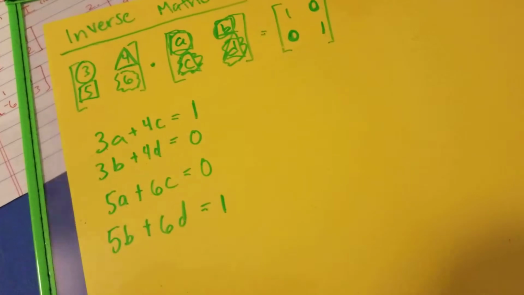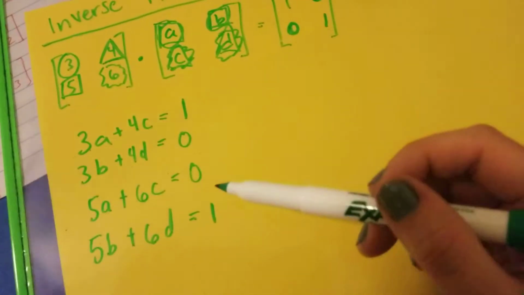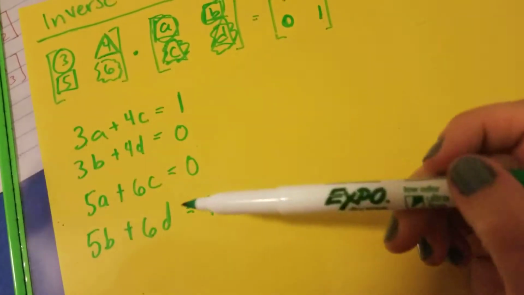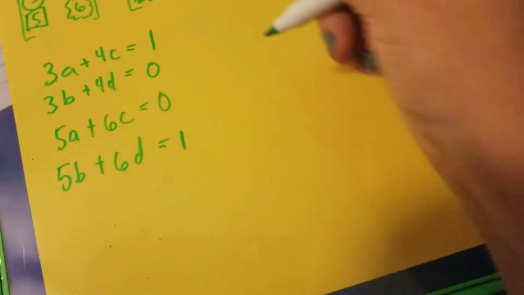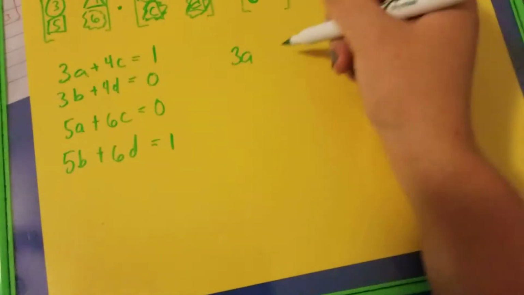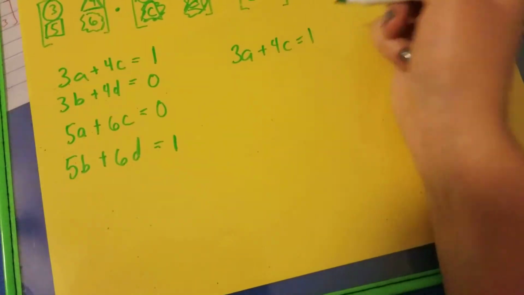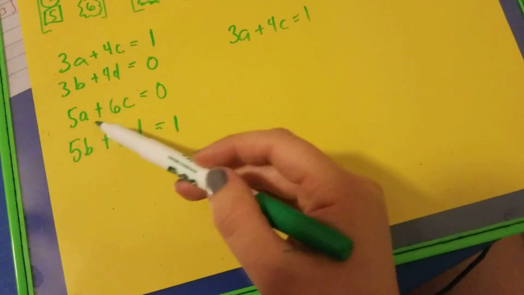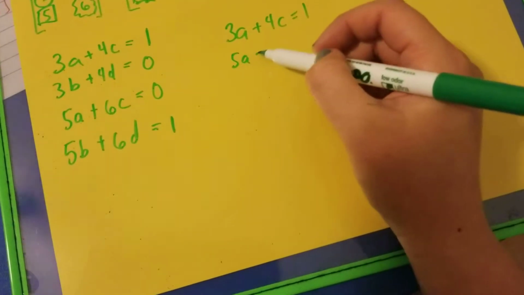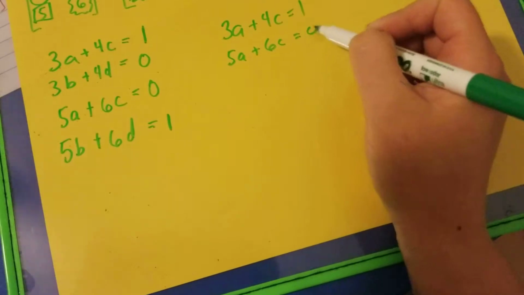So now we can apply our knowledge of system of equations to solve this. Okay, so I'm going to rewrite it in a different way. We have 3a plus 4c equals 1. And then the other equation with the same variables, which is the third one, 5a plus 6c equals 0.